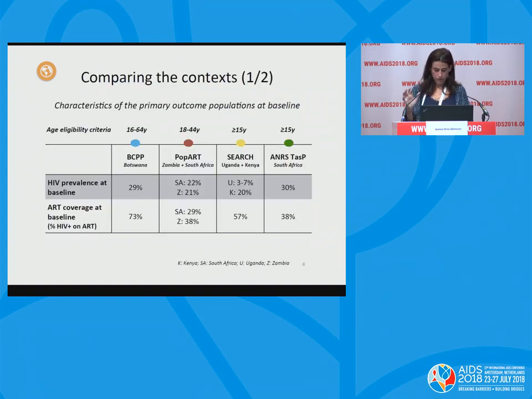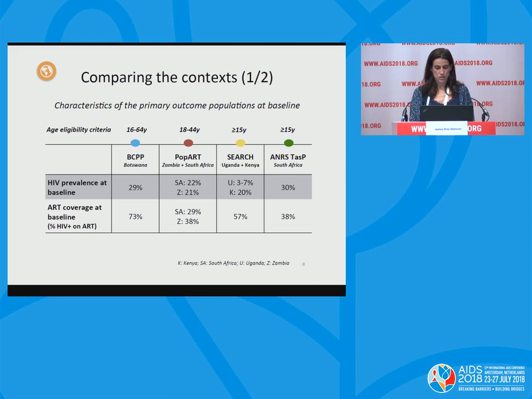In order to give you an idea of the different study contexts in which the trials were implemented, these next 2 slides present some of the main characteristics of the populations within which the primary outcome of the studies, HIV incidence, was computed. We see here that all sites have been facing or are facing generalized HIV epidemics, with substantial differences, however, between some of the study sites.